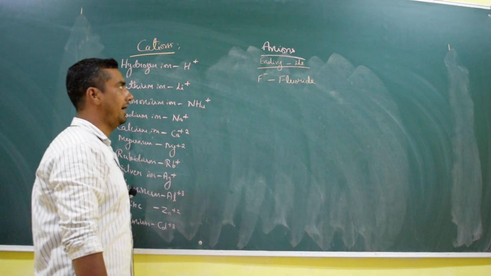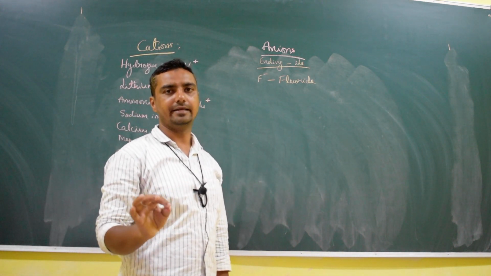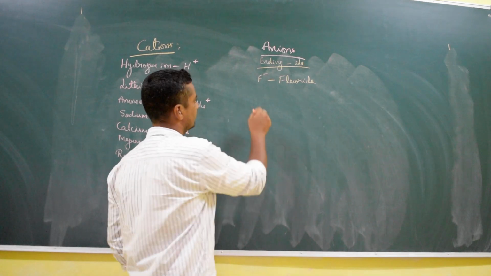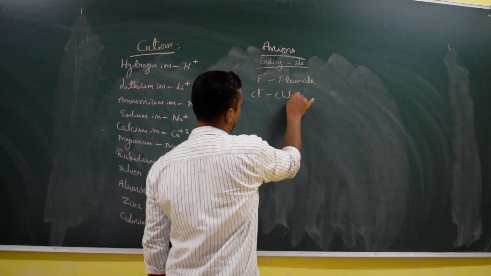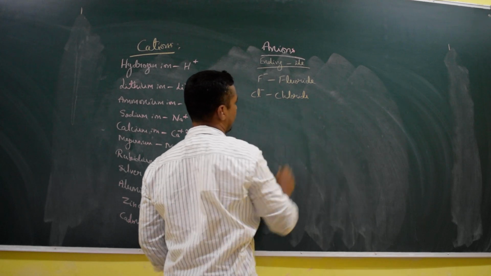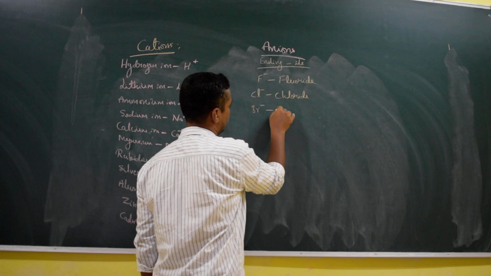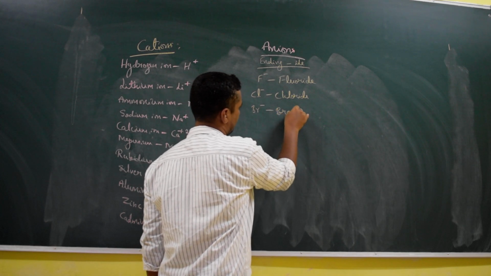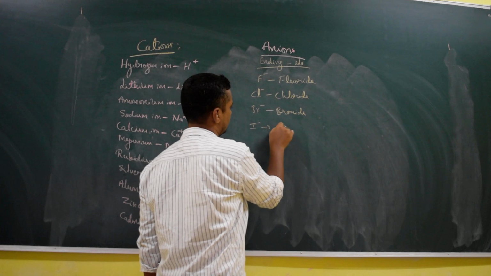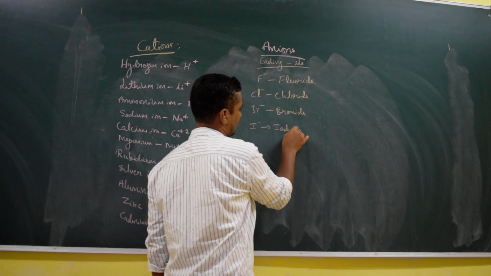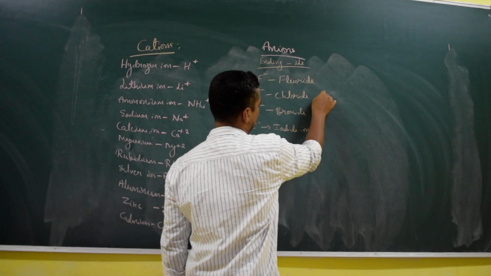If we go for anions, remember, it always ends with -ide: fluoride, F minus; chloride; bromide; iodide ion. These will be the ions.